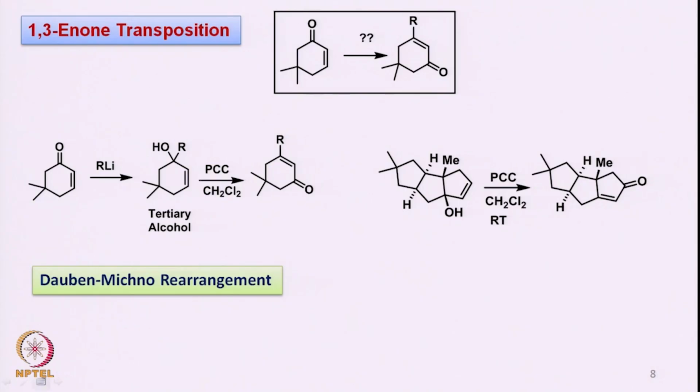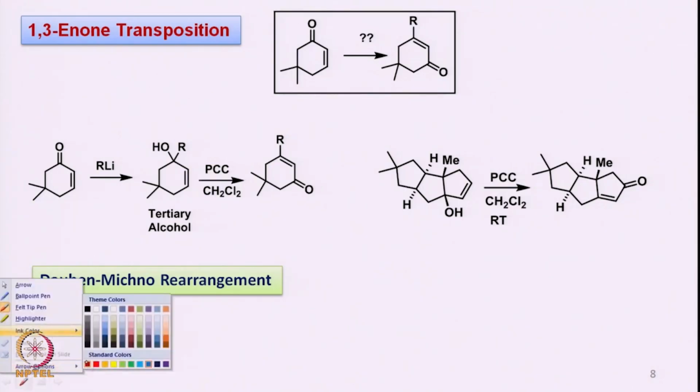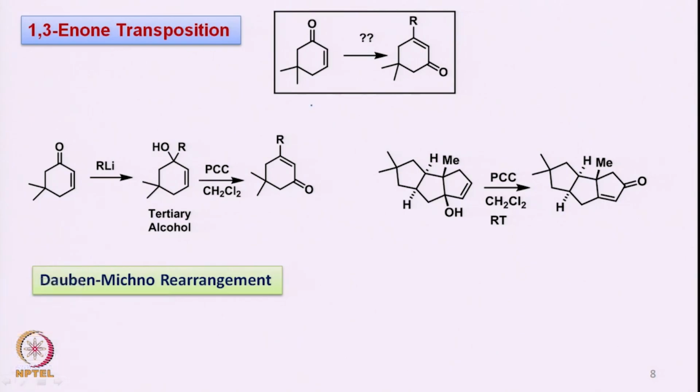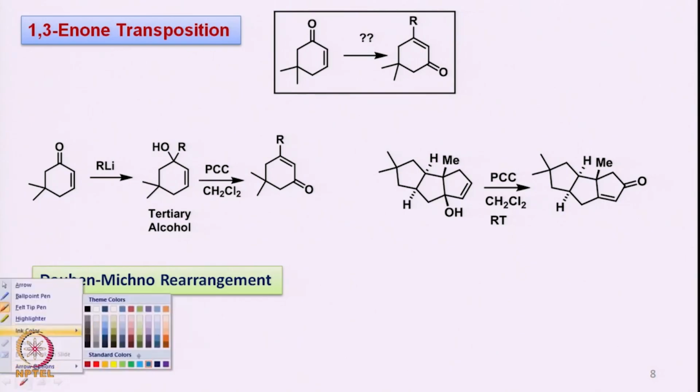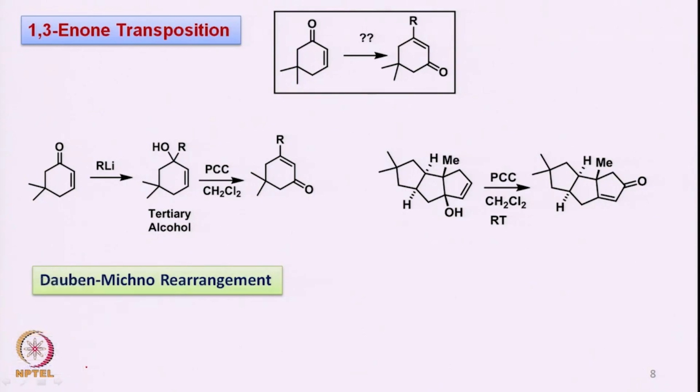Now there is an interesting reaction which is also required many a times, which is how are you going to convert an enone of this type to another enone. This is a 1,3 enone transposition.